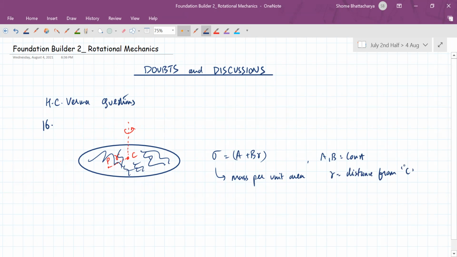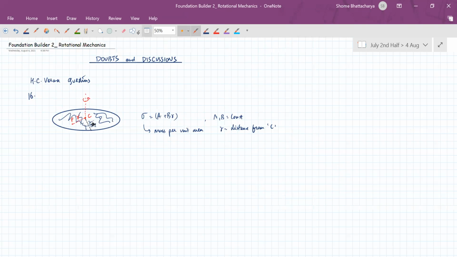So we want to find this moment of inertia, and the radius of the disk itself is a. So what we'll do is slice this into rings, just like we've done the derivation for the moment of inertia of a thin uniform disk. We'll do it in the same way, but the only difference is it will not be uniform.